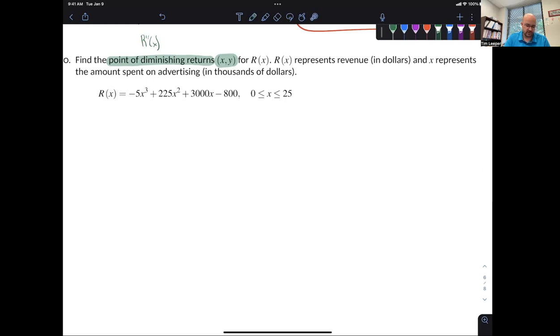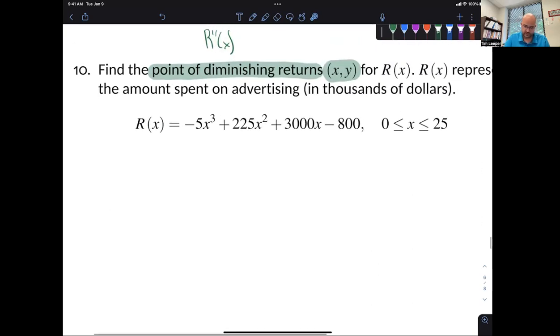So our function here is R of x equals negative 5x cubed plus 225x squared plus 3000x minus 800, where 0 is less than or equal to x is less than or equal to 25. So we want to find the second derivative. We already know our domain. That's nice.